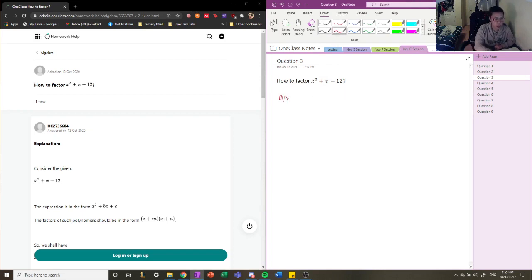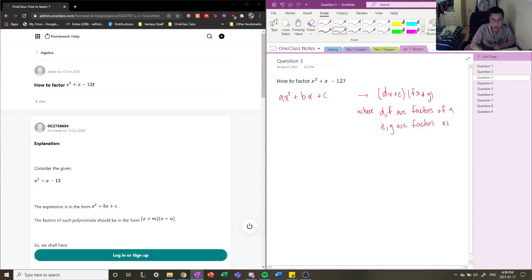Basically, if you have a quadratic function, let's say ax squared plus bx plus c, you can factor it into the form (dx plus e) times (fx plus g), where d and f are factors of a, and where e and g are factors of c.